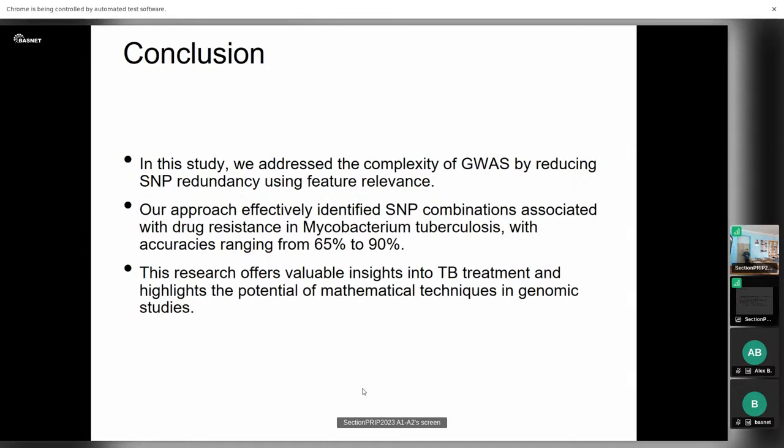The research offers valuable insights into TB treatment and highlights the potential of mathematical techniques in genomic studies.